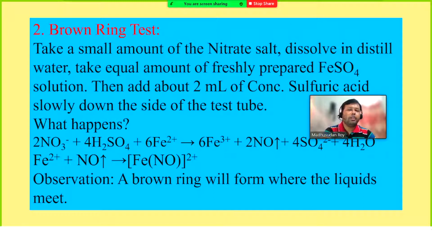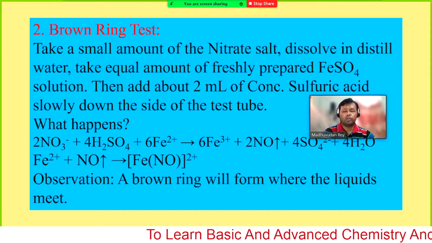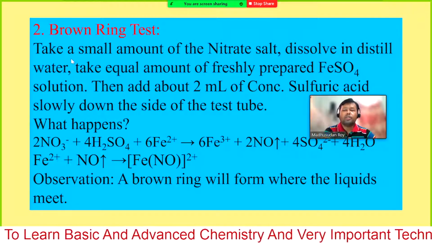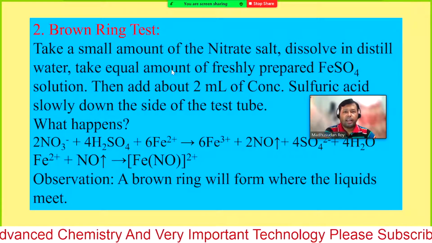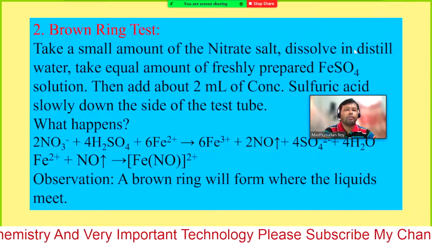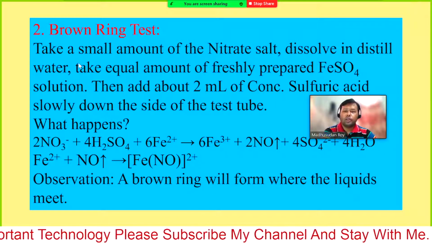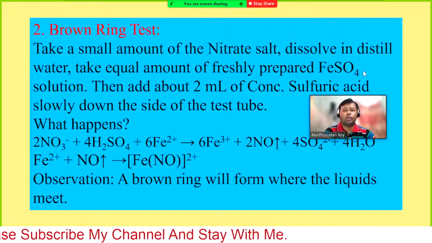How can you make sure? You need to prepare it immediately from the iron sulfate salt, and then add water to the iron sulfate. So first prepare your stock solution or original solution, then add an equal amount. That means if you have 1 milliliter of original solution, then add around 1 milliliter of iron 2 sulfate solution.